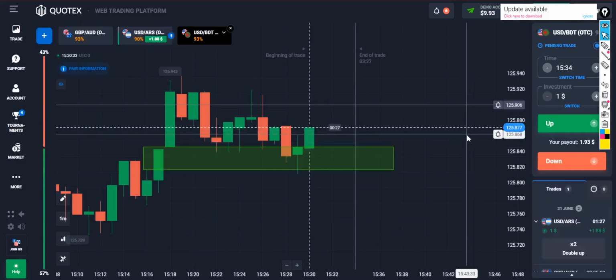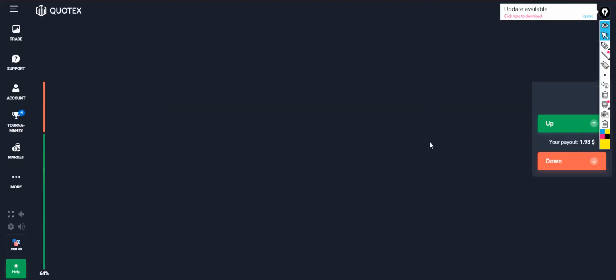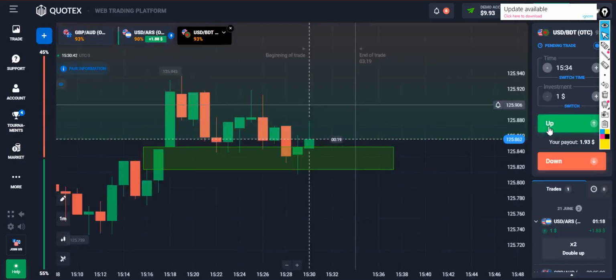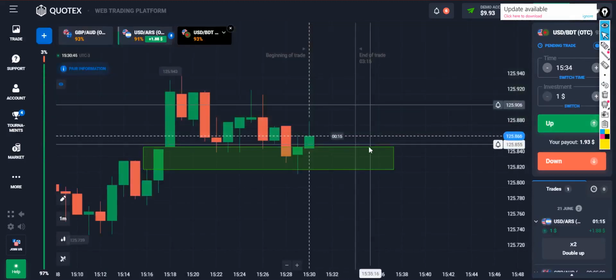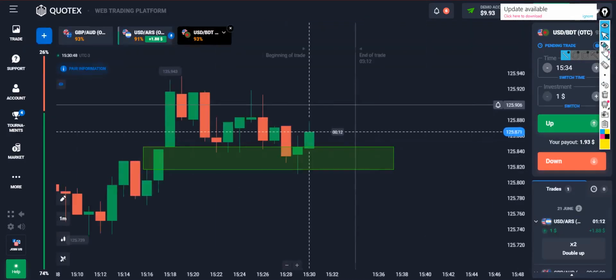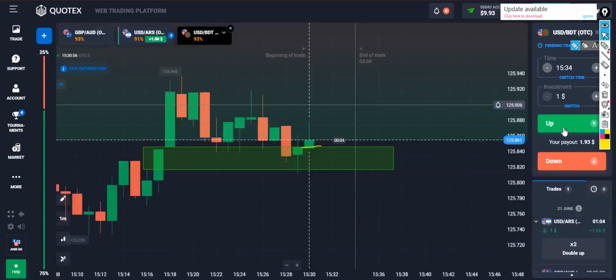Let's see. I am not sure if the market is going to give us that chance again. We will only take the trade if the market comes to this line. Why? Because okay, can we get another chance?